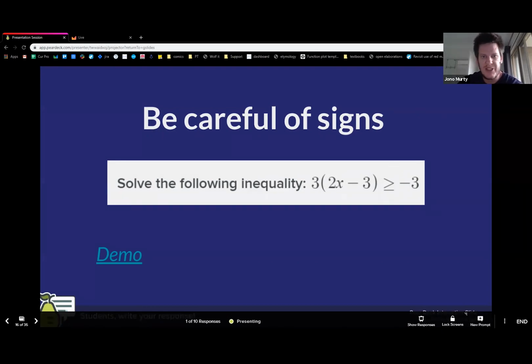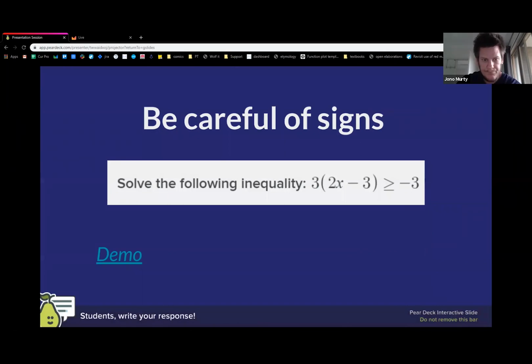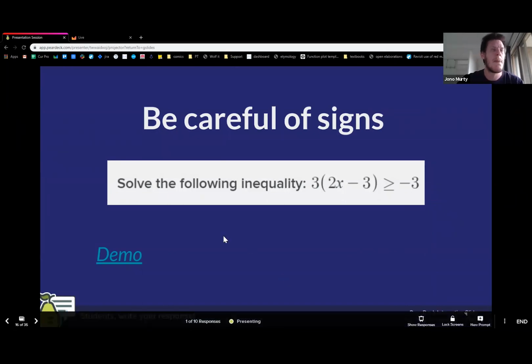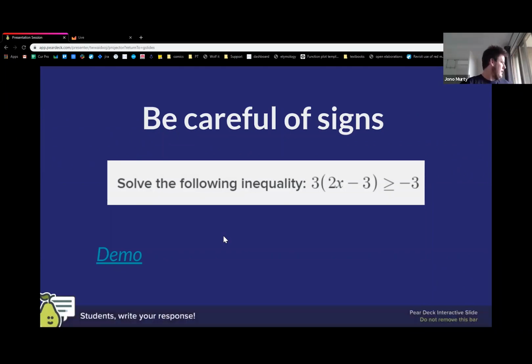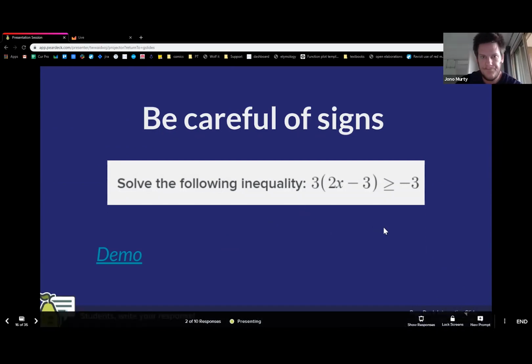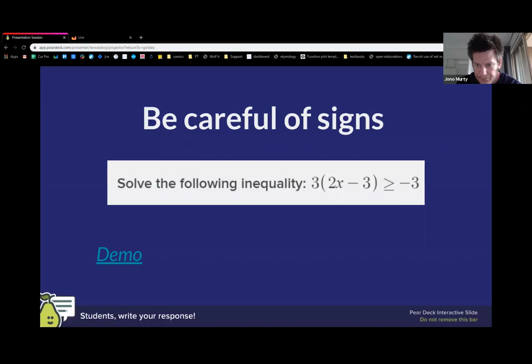So whenever you divide or times both sides by a negative number, we need to switch the signs. There's a few steps involved here, so I'll give another minute or so to get through it.